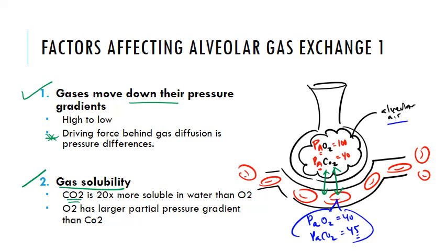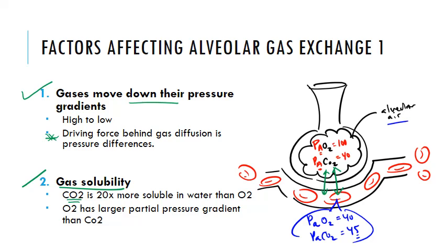Down here, and note this, the partial pressure of arterial oxygen is 40 millimeters of mercury, and the partial pressure of arterial CO2 is 45 millimeters of mercury. And again, these are the partial pressures inside each environment, so inside the alveolus and then inside the blood and plasma.